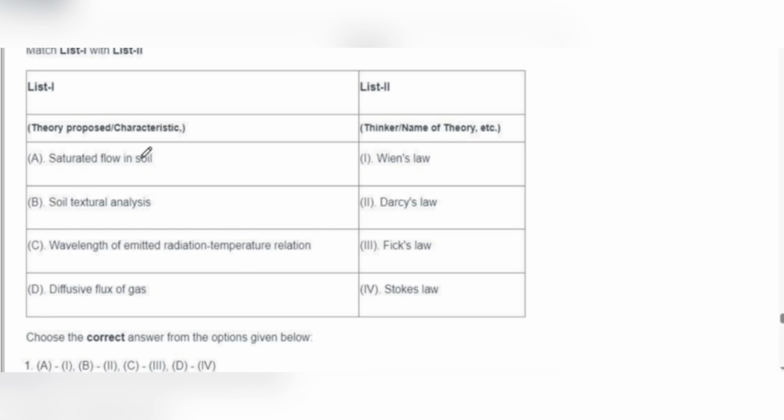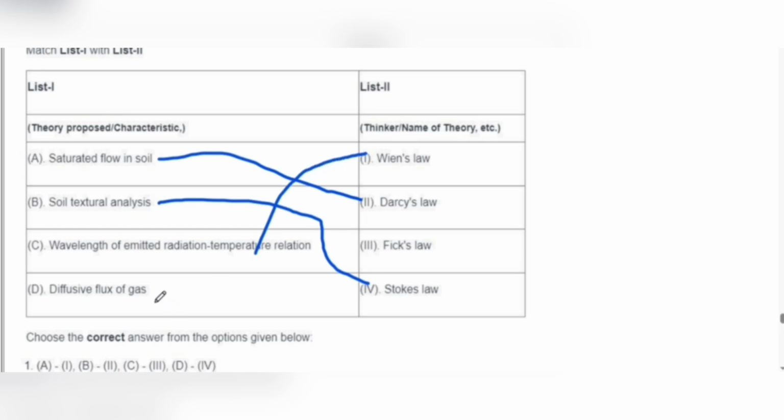So the saturated flow in soil is governed by Darcy's law. We know that because the flow is saturated, there is no transient flow, and the potential and other parameters remain constant at every point, and Darcy's law is valid for a saturated flow of water in the soil. And soil texture analysis, we all know, is governed by Stokes' law, the principle of sedimentation, and the wavelength of emitted radiation and temperature relation is given by Wien's law, also known as Wien's displacement law.